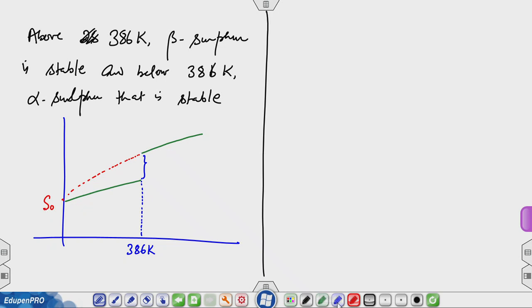So on the left is alpha sulfur, and on the right, this one is beta sulfur.